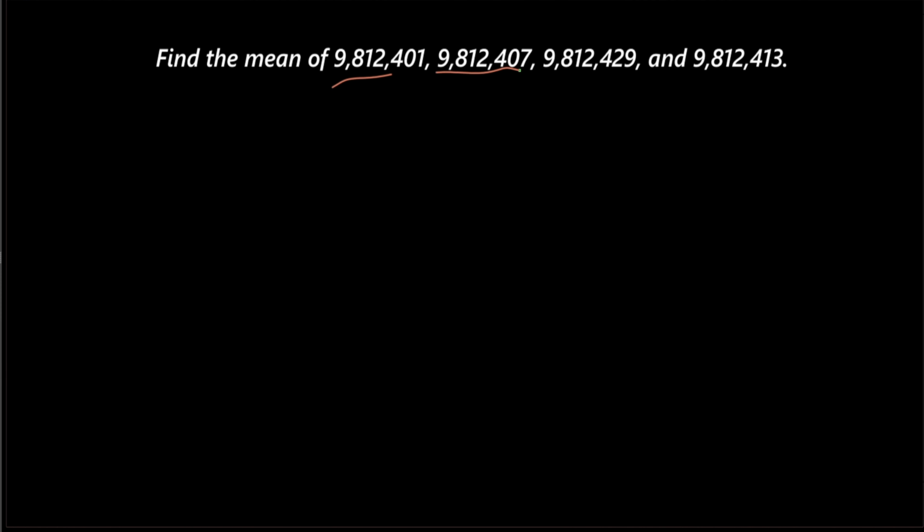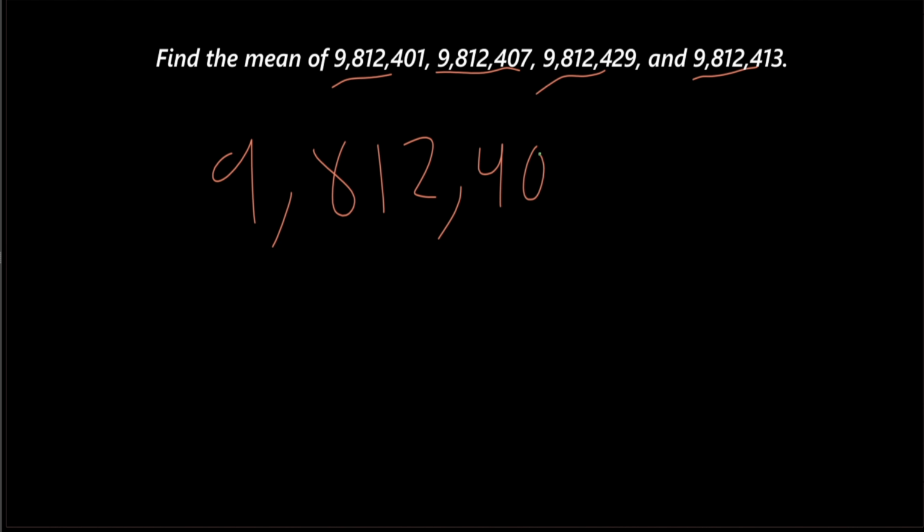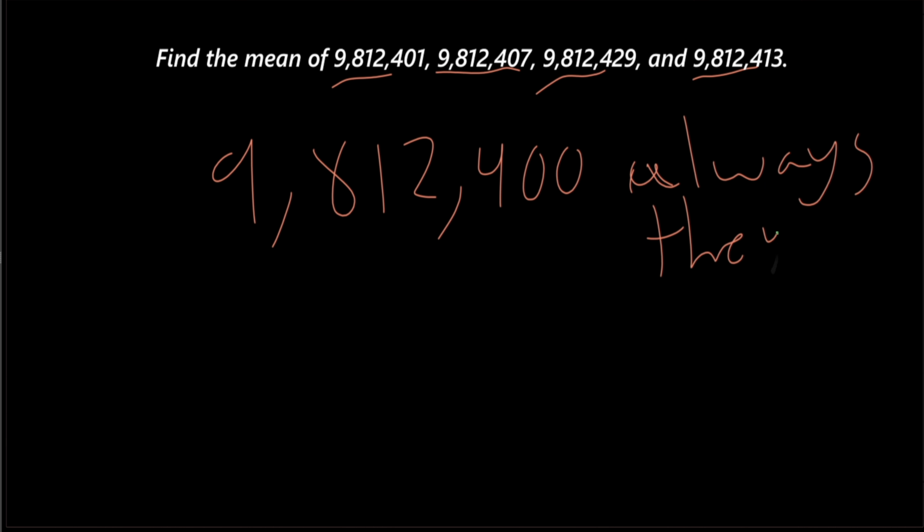So, we can equate the mean to 9,812,400 plus the mean of the last 2 digits. I'll show you why this works. So this number is always there in every place. Now let's move on to how this works.